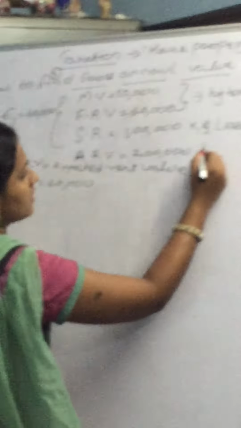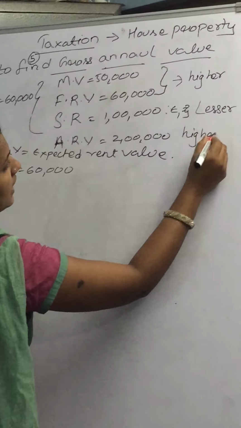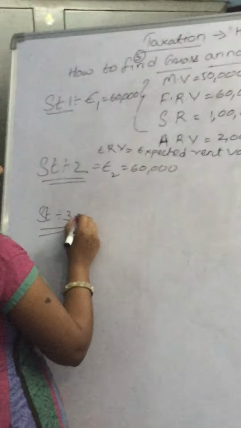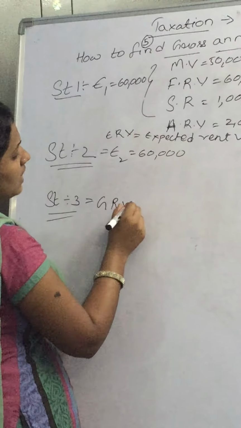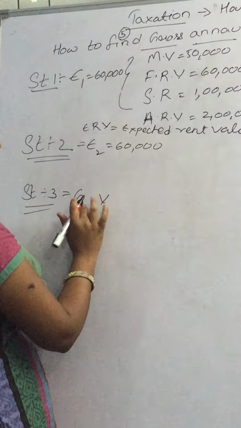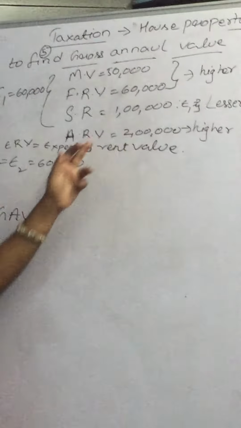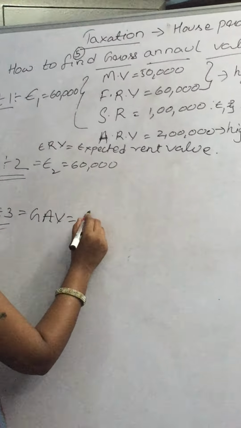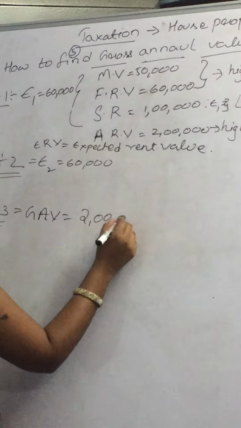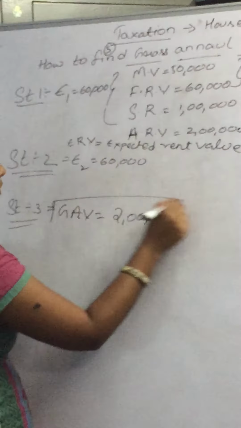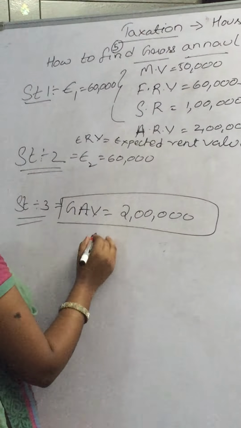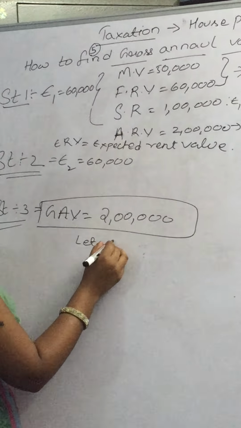So E2 and ARV, whichever is higher, is known as GAV. GAV means gross annual value. So whichever is higher, 2 lakhs and 60,000, 2 lakhs is the higher. That is known as the gross annual value, which is very important for the let out house.